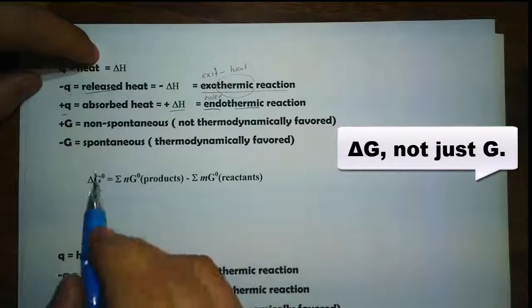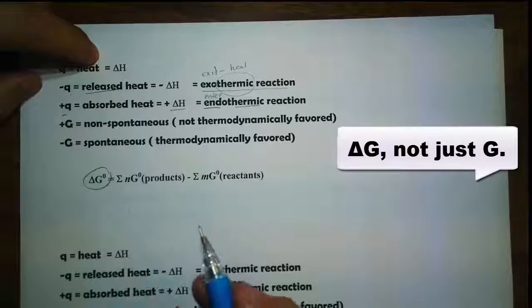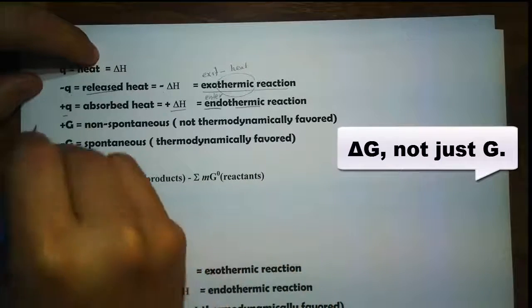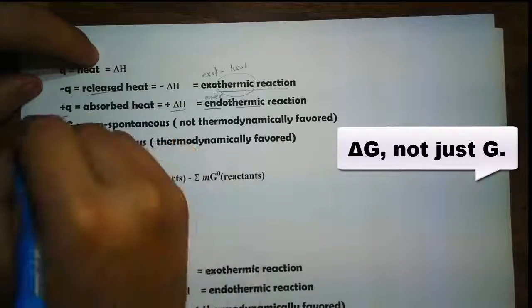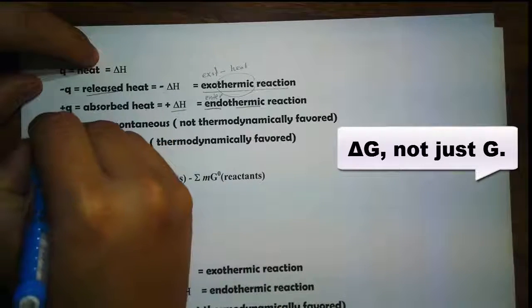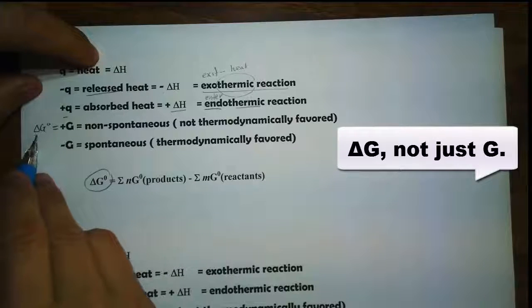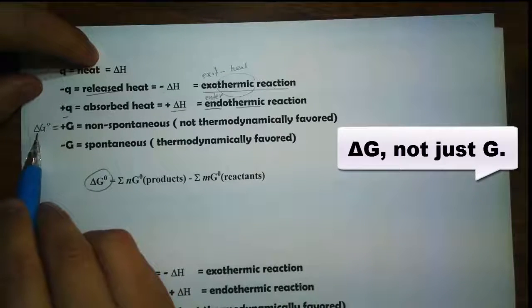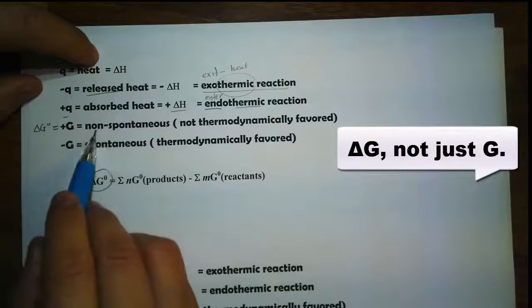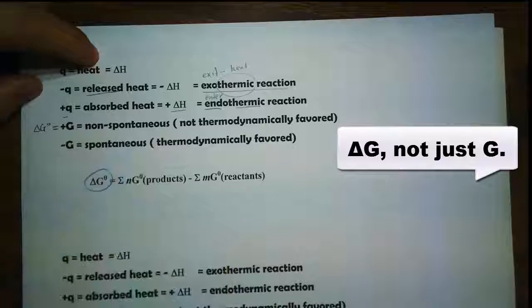Well, in this case, we have the delta G naught. What does that tell you? We can relate that to the delta G naught, or standard change in G. If we have a positive delta G naught, just like in electrochemistry, it is a non-spontaneous reaction.